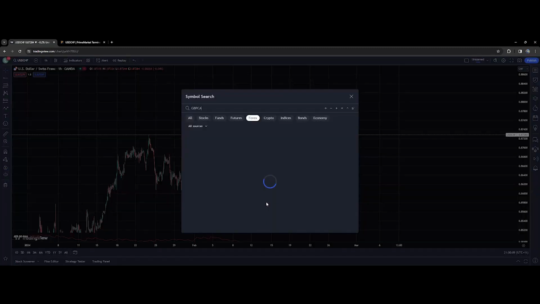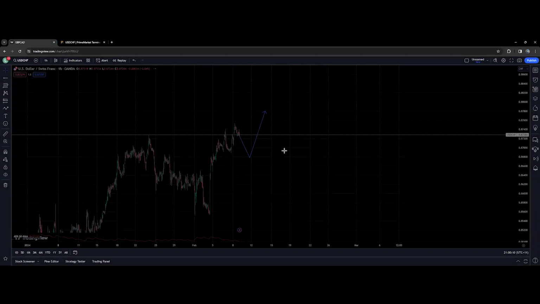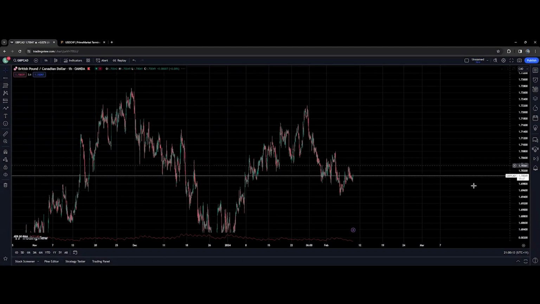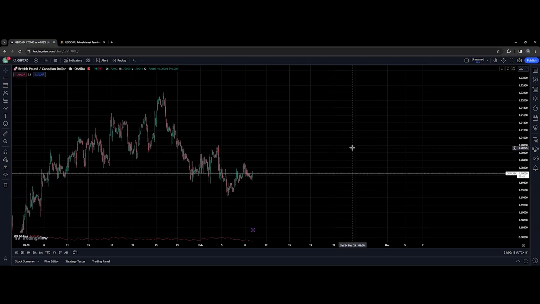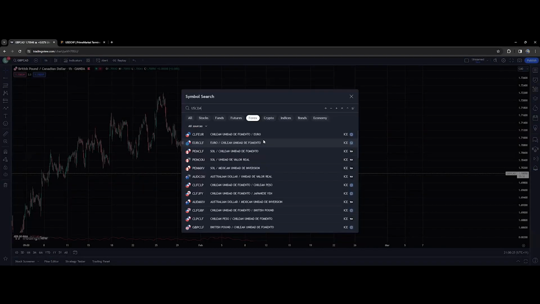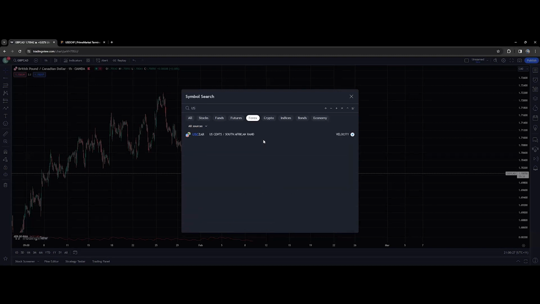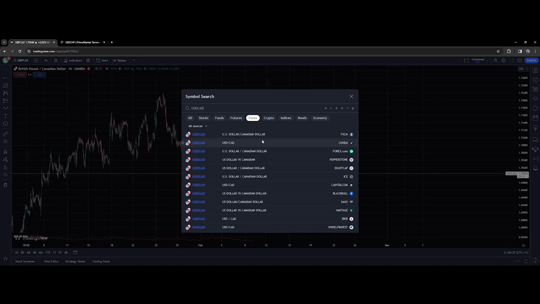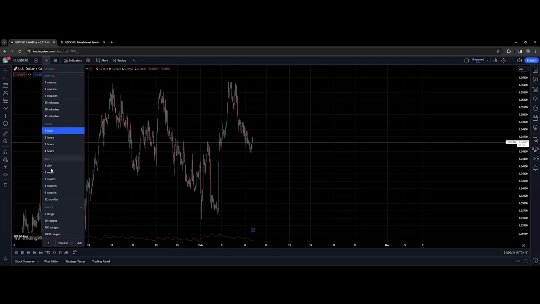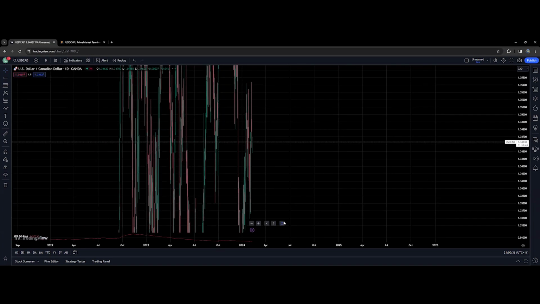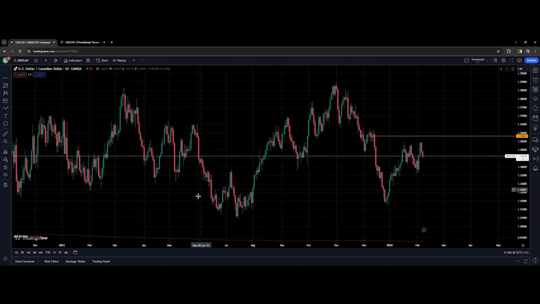GBP CAD. I've mentioned GBP CAD being a short, right? Because of the CAD always, if we look, let me see if I can do something here. I can just push USD CAD. If we look at USD CAD, I even have my target here.